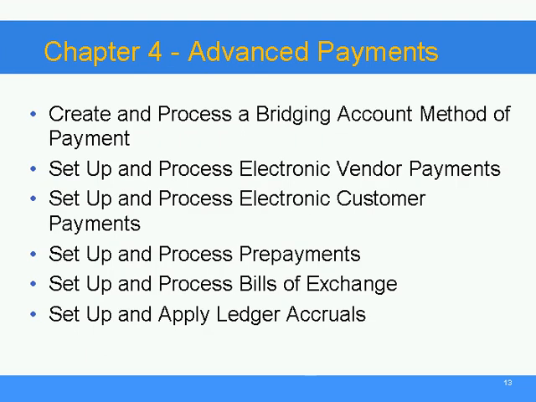Chapter 4, Advance Payments. We have those objectives: create and process a bridging account, methods of payment, set up and process electronic vendor payments, customer payments, prepayments, bill of exchange, and set up and apply ledger accruals.